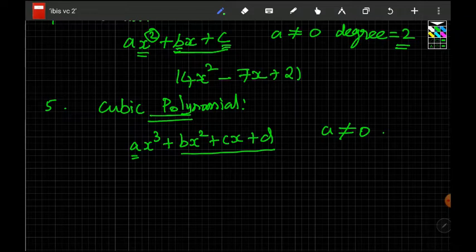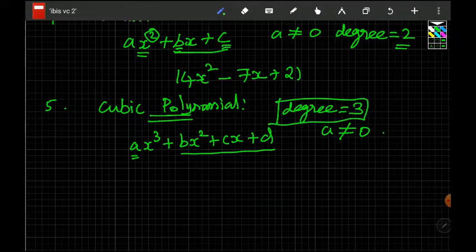A polynomial with degree 3 is called a cubic polynomial. You can write something like 48x cube, x square may or may not be there, minus 31x plus 23. This is a cubic polynomial.